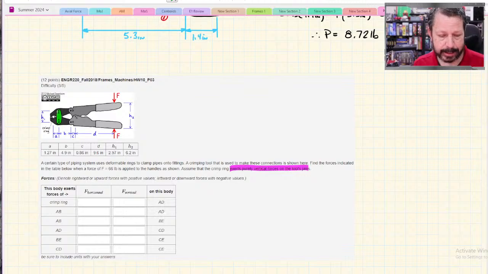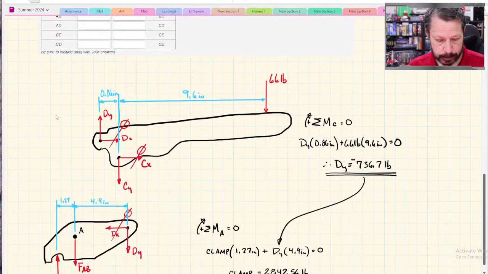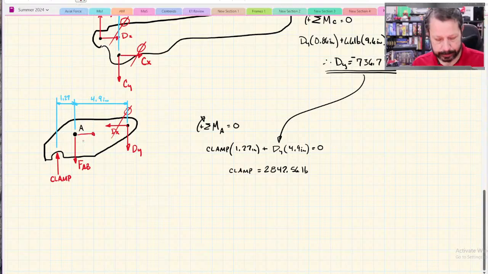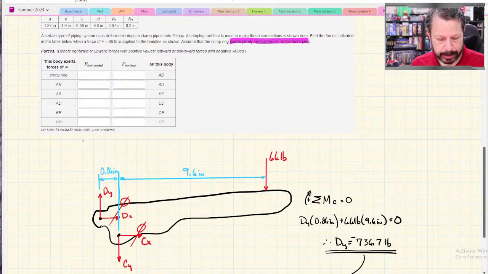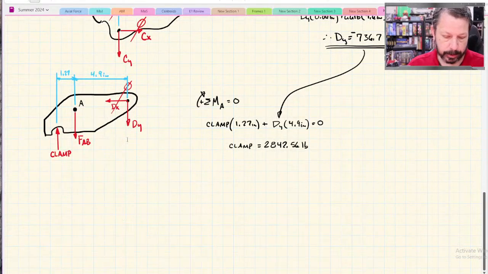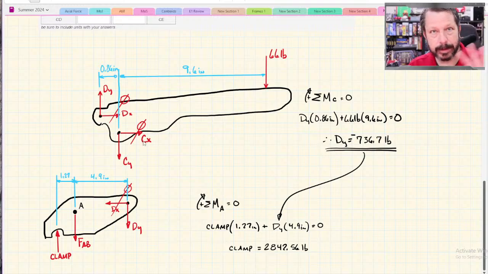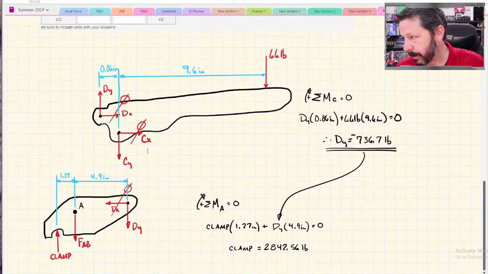If you don't recognize that's a two-force member, then when you go to draw this free body diagram, you have to put AX and AY, and you never get the realization that AX is 0, therefore DX is 0, and if DX is 0, then CX is 0. So you don't ever get that chain reaction of eliminating unknowns, and you can't solve the problem with the methods that we're using.